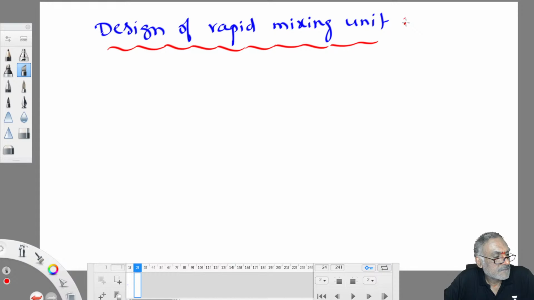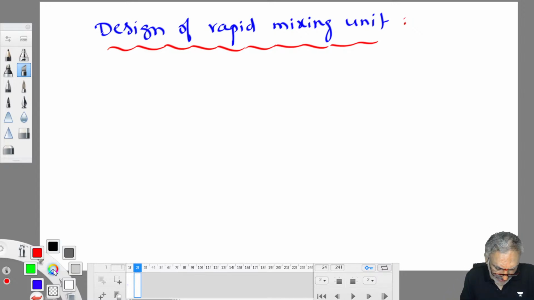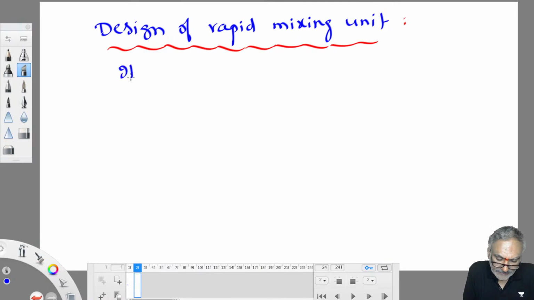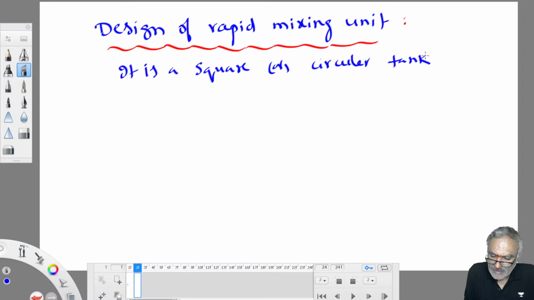When it is uniformly mixed, every colloidal particle gets intimate contact with the coagulant. The rapid mixing unit is a square or circular tank equipped with a mechanical mixing device.